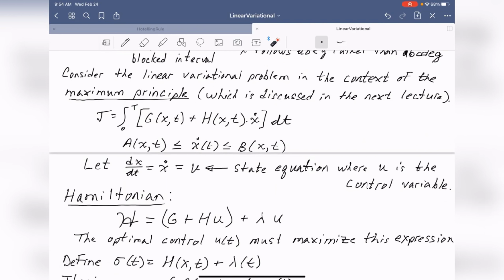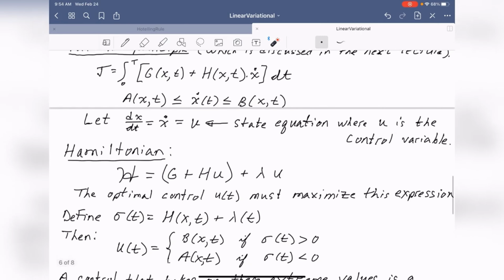So let's let j equal the integral from 0 to big T of this function here, where note that we have this x dot here, which is dx dt, and this is the integral over some time period dt from 0 to big T. We again constrain the value that x dot can take between a and b here, and we let x dot be equal to u, the state equation where u is the control variable.